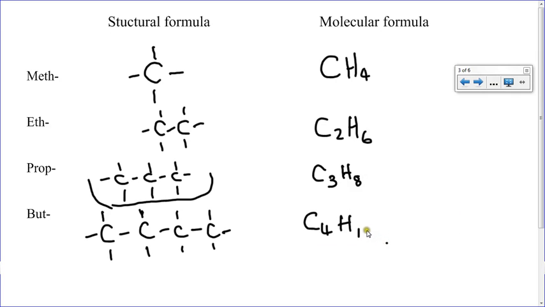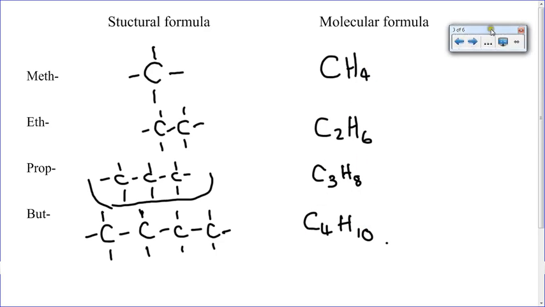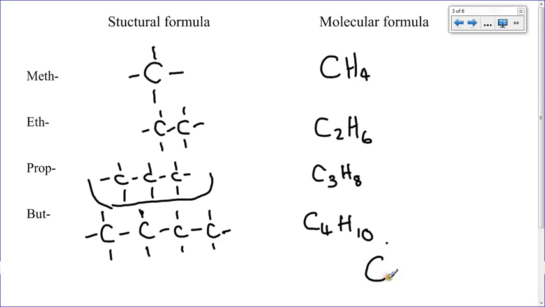Now there's a pattern in the numbers here. You can see as the number of carbons increases, 1, 2, 3, 4, the number of hydrogens always increases. And we can write that down as a general formula for all alkanes, and we can say that the number of hydrogens will depend on the number of carbons.